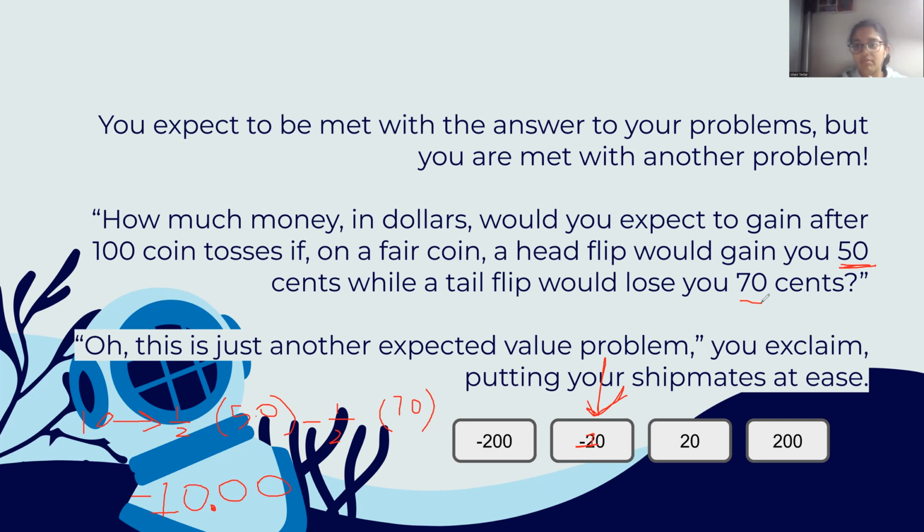That's 25 minus 35, which is -10 cents. And then after 100 coin tosses, that would be negative 1,000 cents, which is -$10. I did mess up my answers, but it should be -10, not -20. So pretend like it was -10 earlier.